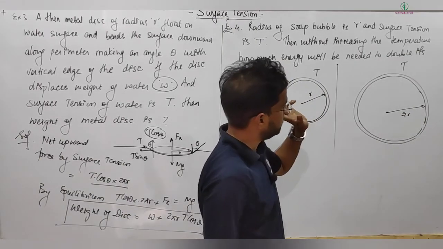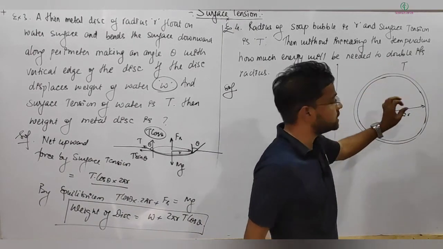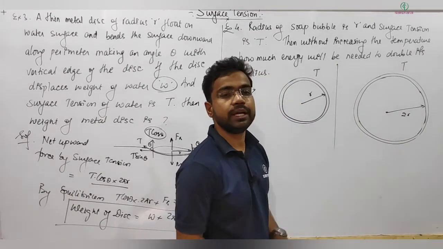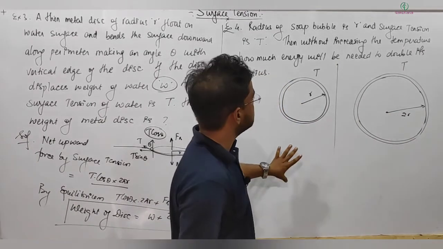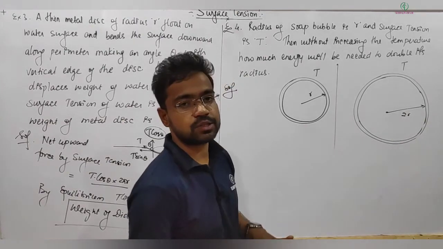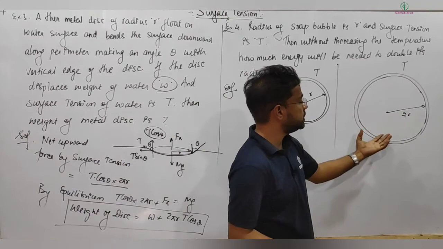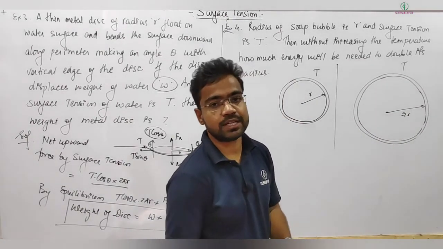You must be remembering that surface tension does not change if we are increasing the radius. It is simply a property of the fluid. So in this situation, with temperature also remaining constant, how much energy will be needed? So the energy needed will be to increase the surface area, because surface energy will be stored.